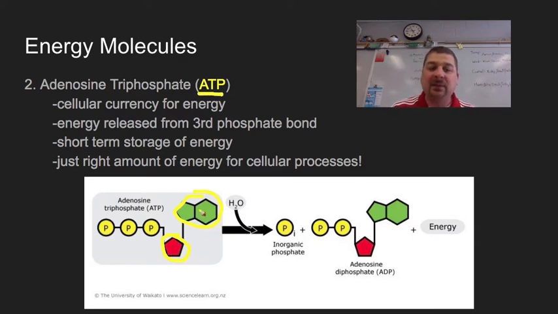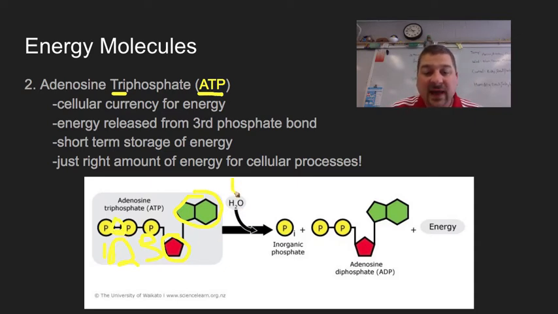That's where that name comes from. And then obviously triphosphate. Tri means 3, so there's 1, 2, 3. Oh, I apologize for my bad writing here. So 3 phosphates. The energy is stored right here between the second and third phosphate.